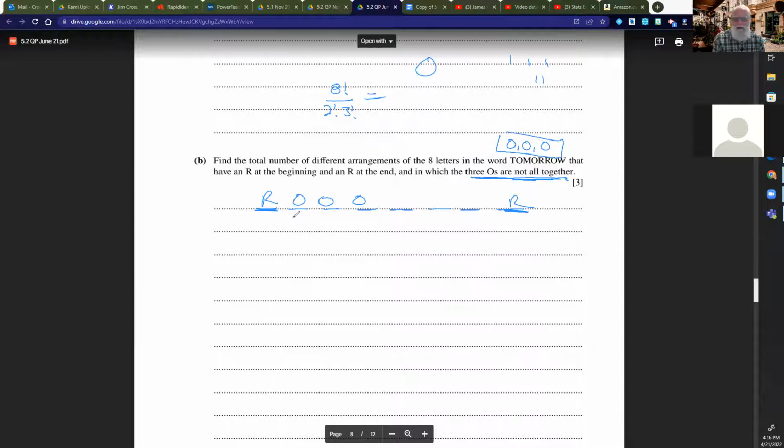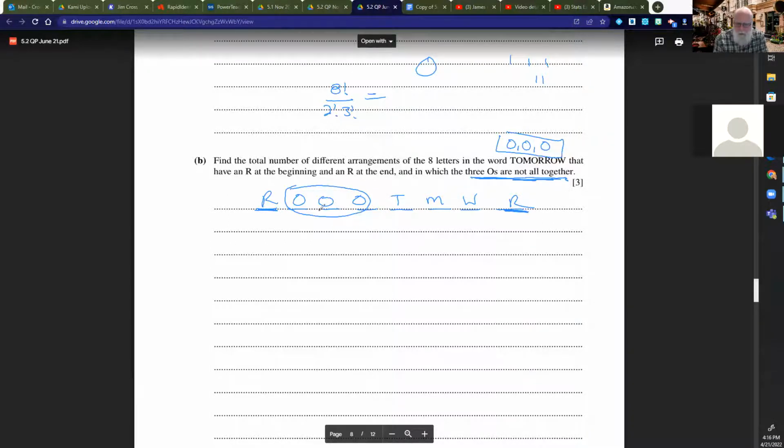So now I don't have 8 things, I have 6 things. If I want to figure out the number of ways the O's are together, tell me, what are my non-O letters? T, M, and W, right?